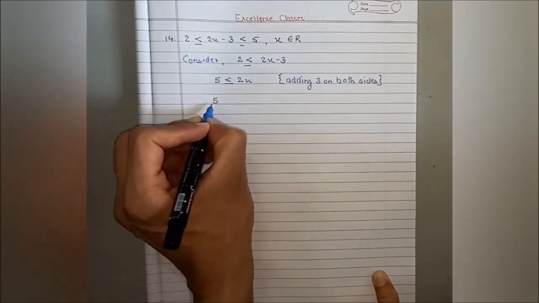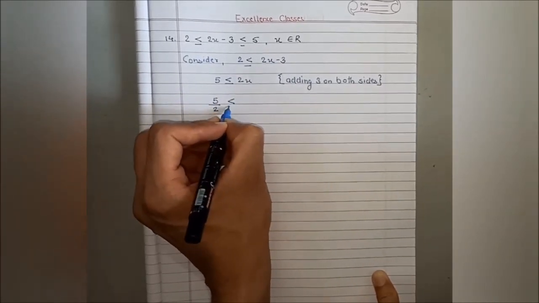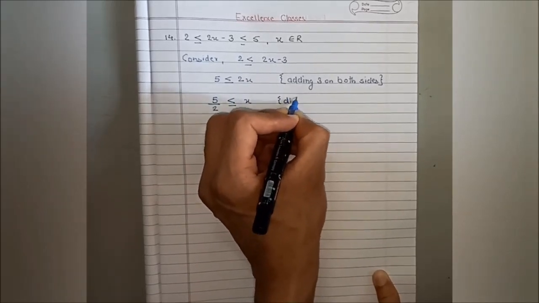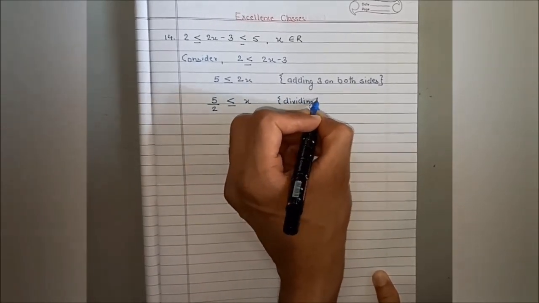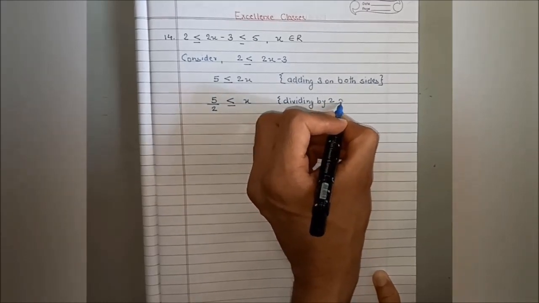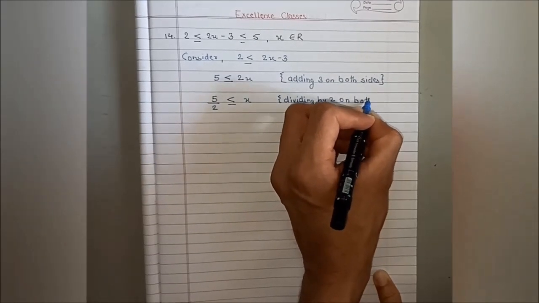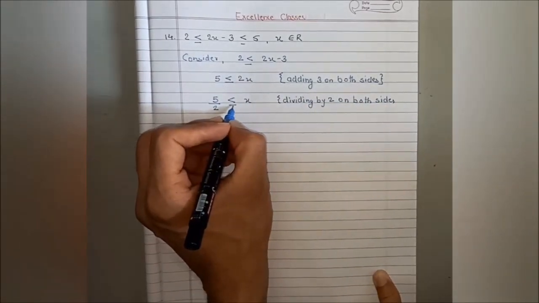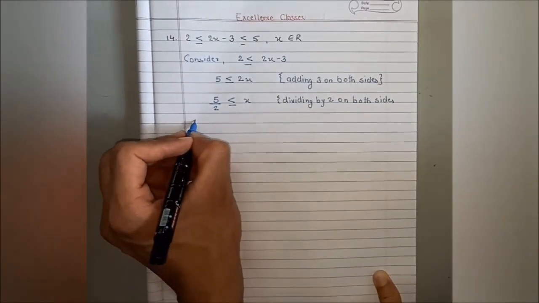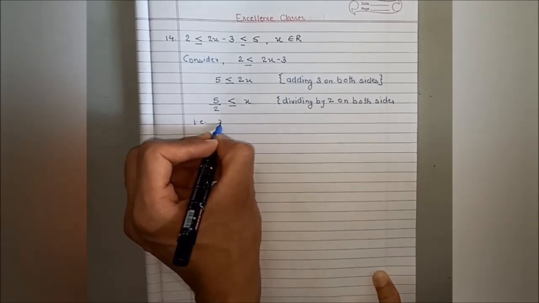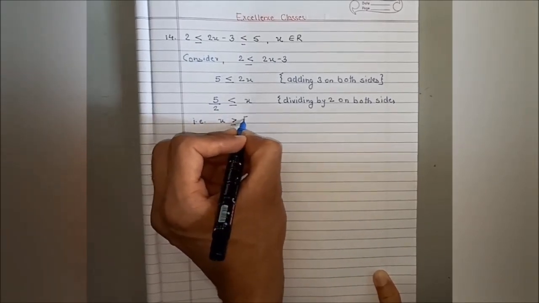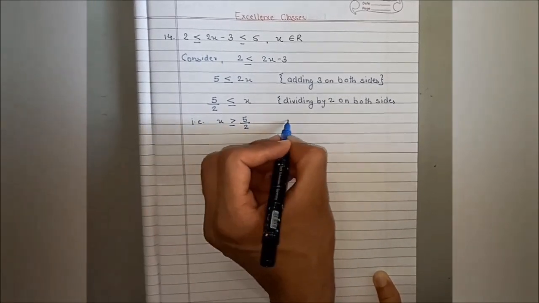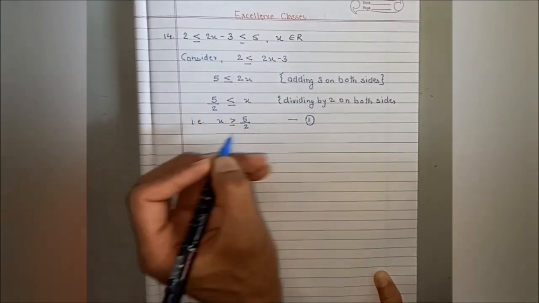It gives me 5 upon 2 less than or equal to x. I can write that as x greater than or equal to 5 upon 2. This does not change the meaning. This I'll say is equation 1.